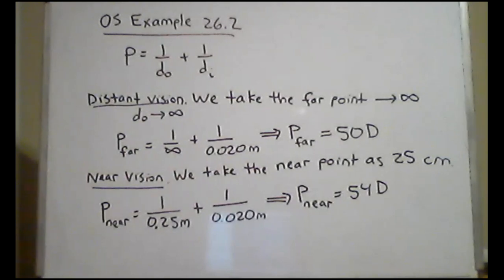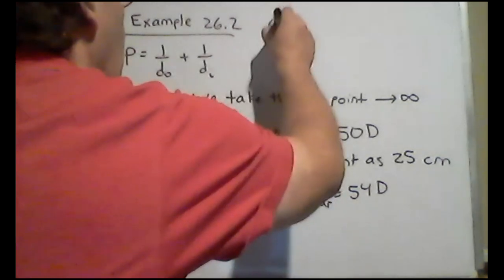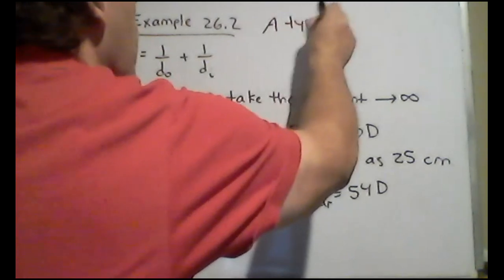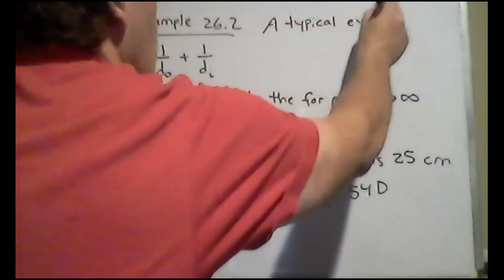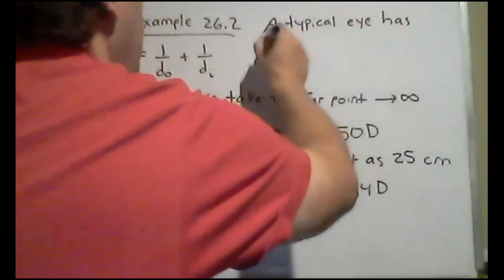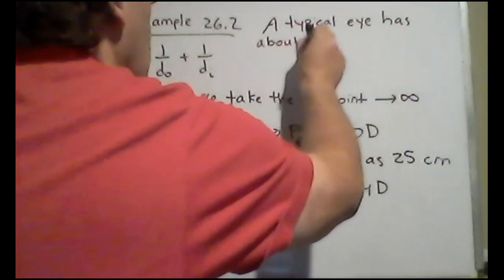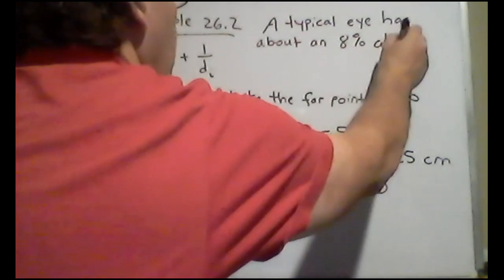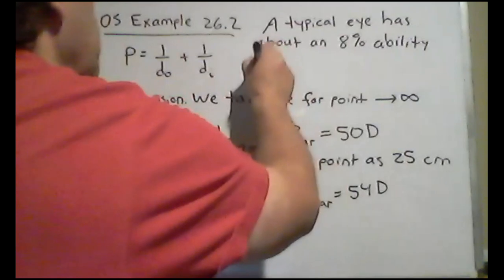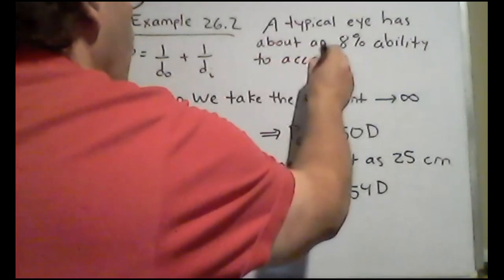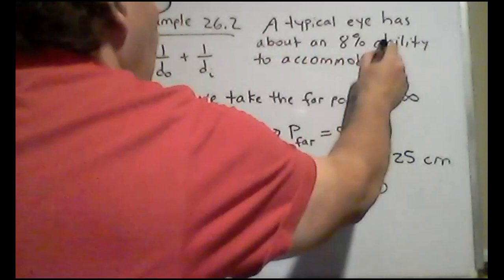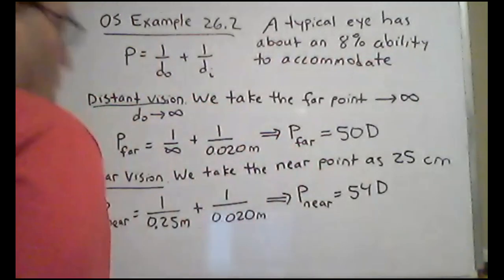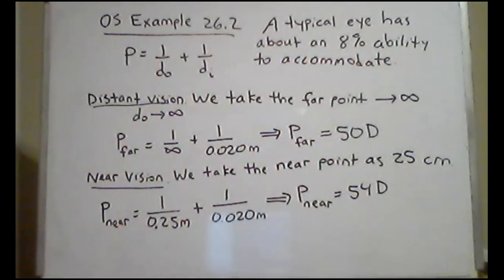A typical eye has about an 8% ability to accommodate. Young people can sometimes accommodate even more than 10%. Older people have a hard time accommodating.